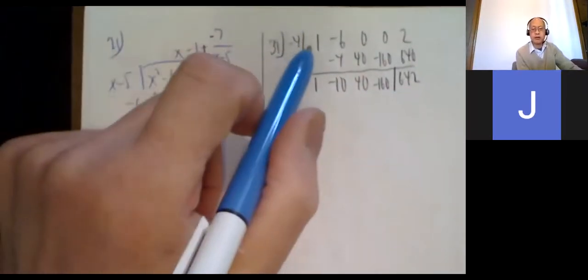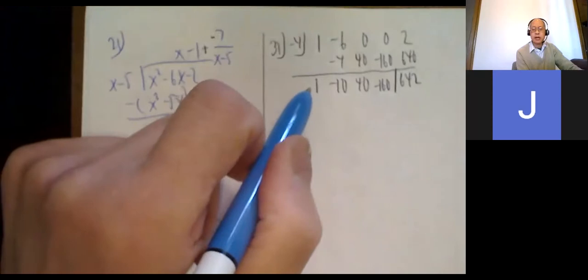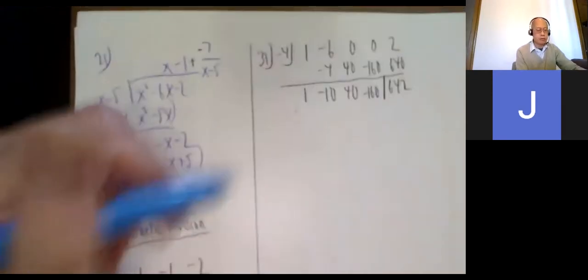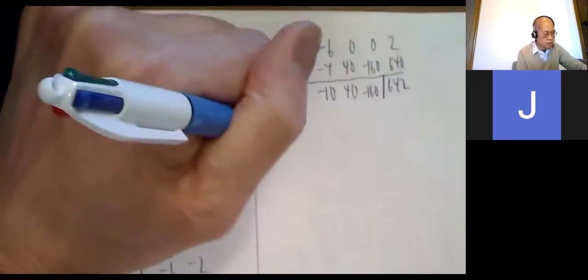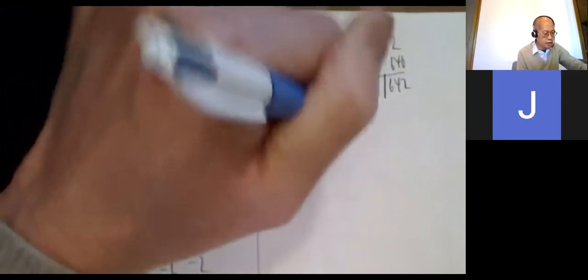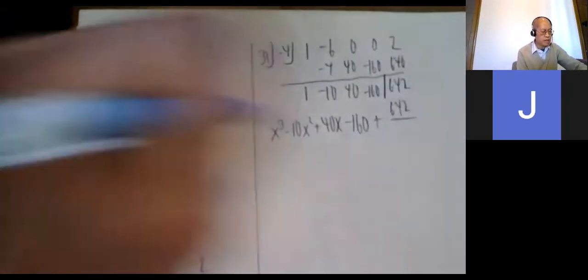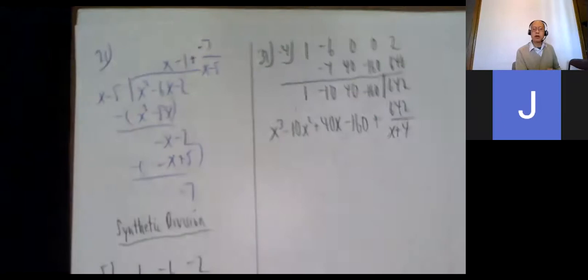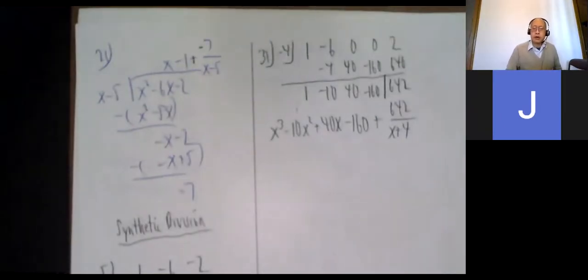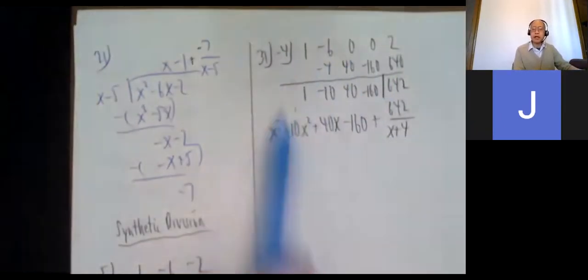I started off with x to the fourth. This is now x cubed. X cubed, squared, x number. So my answer is x cubed minus 10x squared plus 40x minus 160 plus 642 divided by x plus 4. See how it works? Again, look at how nice and compact everything is.